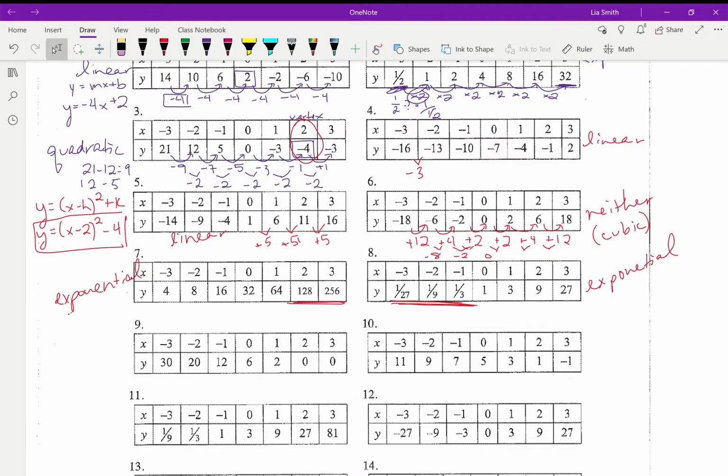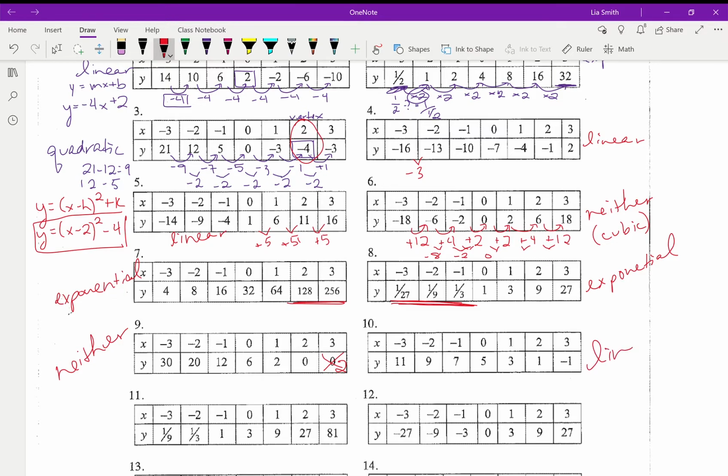Number 9 would be neither. It is almost perfectly a quadratic, except for this point right there that ruins it. Okay, it should be a 2, if this was a quadratic function, but it's not because that last point does not keep the pattern.